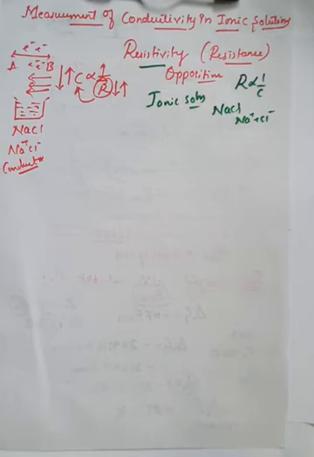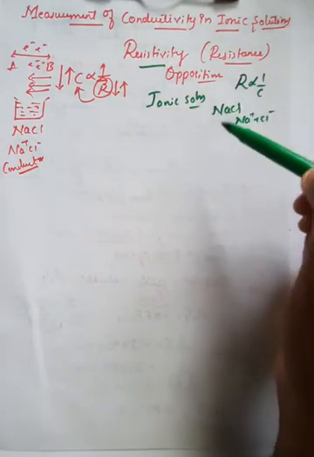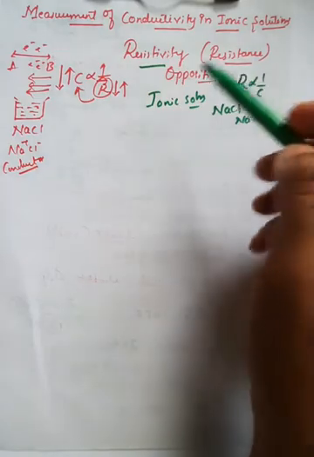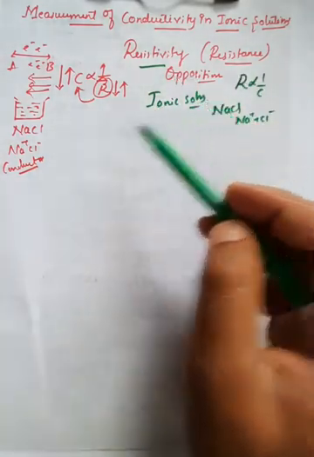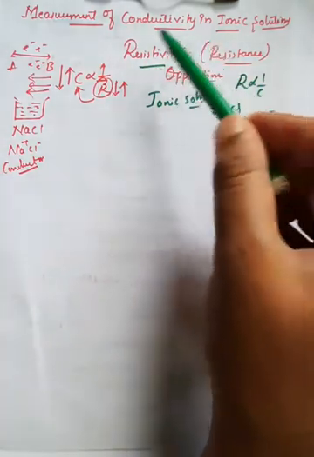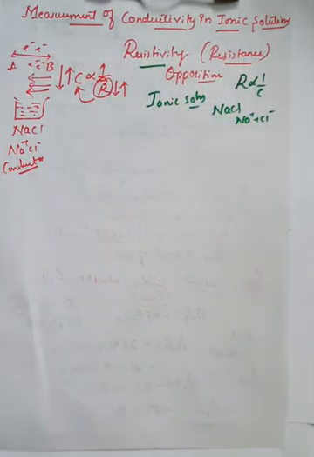An electrolyte is nothing but a solution which can be converted into two different charges, cation and anion, on the application of external electrical current, or even if you supply heat, sometimes they will convert into charged particles. So for these ionic solutions, we can calculate the conductivity with the help of the resistivity. Once you calculate the resistivity, just by reciprocating that value, you will get the conductivity.